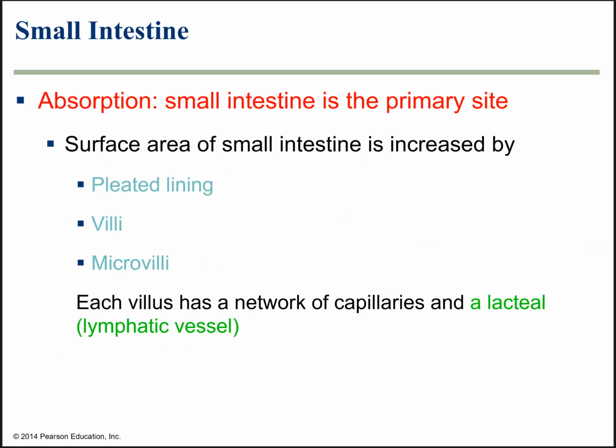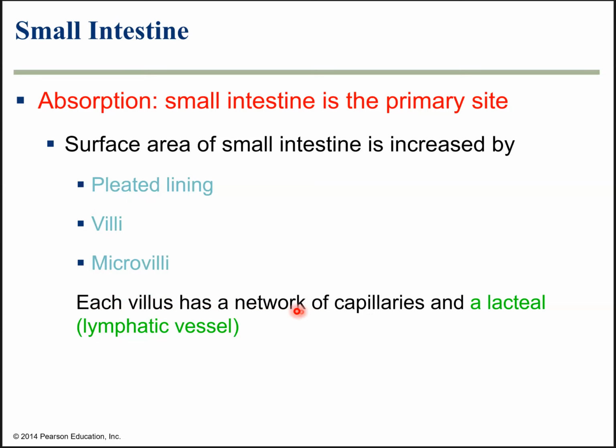So the main function of the small intestine is to act as the primary site of absorption. The surface area for absorption is increased by a pleated lining, which has a whole bunch of villi and microvilli.